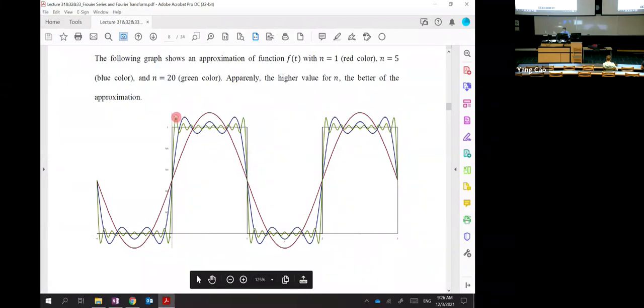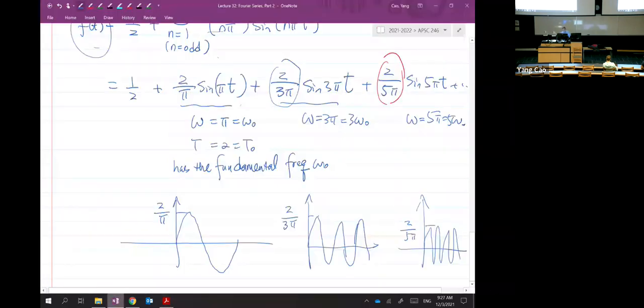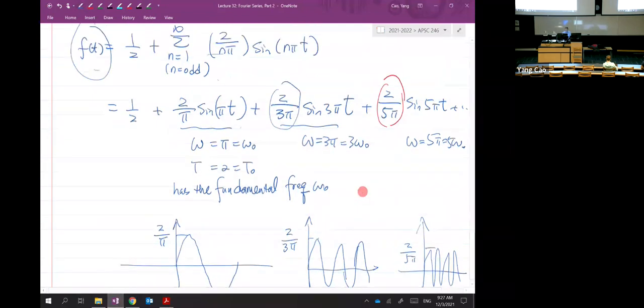So as you can clearly see, when n is 20, the green one is becoming more and more close to your original periodic function, which is a box. Does that make sense? So the first observation you can see is that behind the periodic boxes, what's going on there?